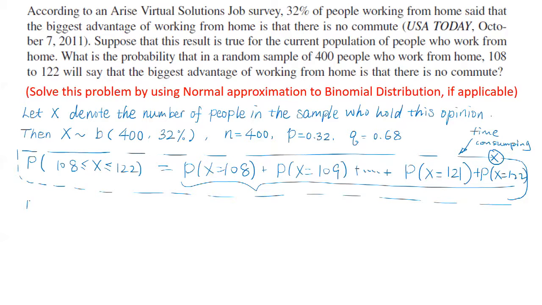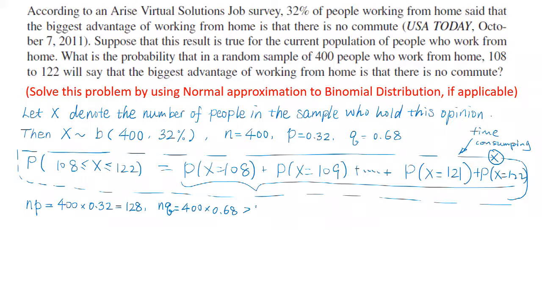First, we need to calculate NP and NQ to see whether the conditions are met, right? NP here is 400 times 0.32, which is 128. NQ here is 400 times 0.68.